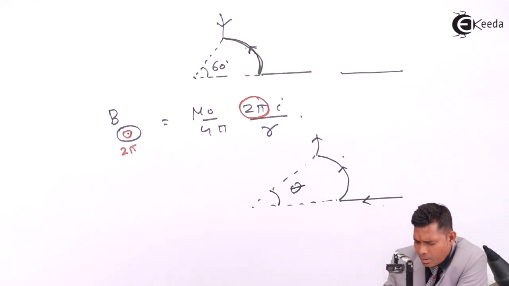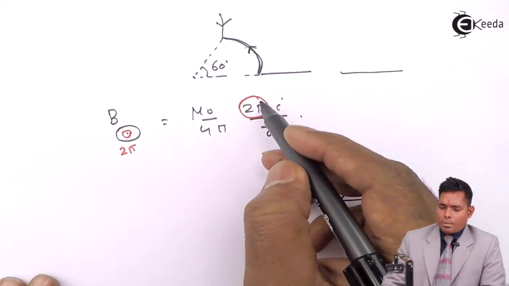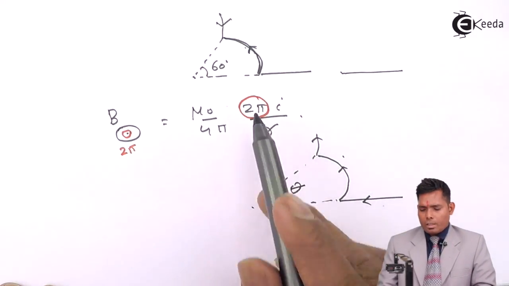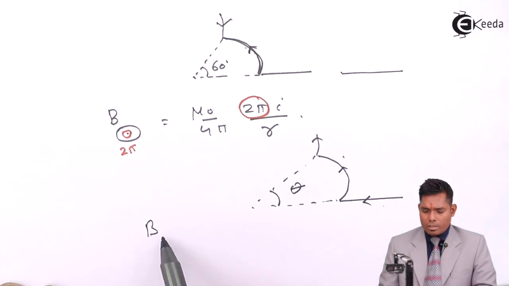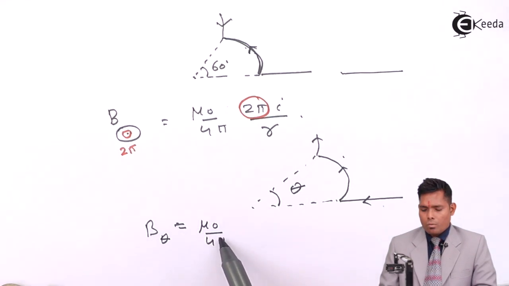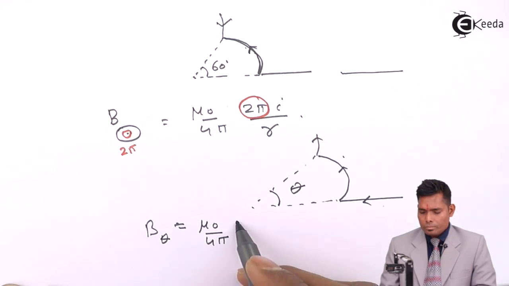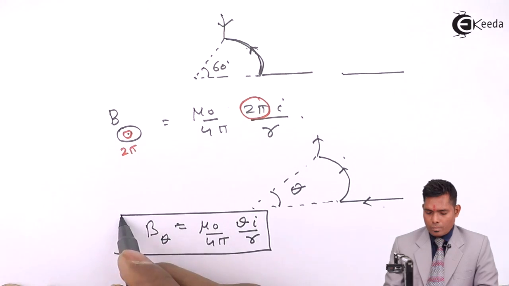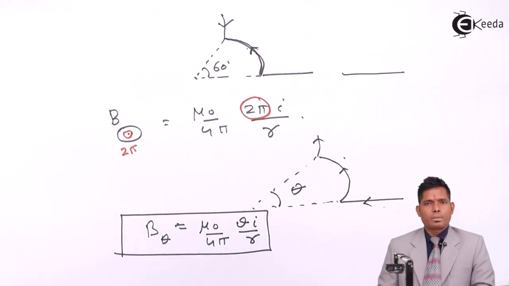For any angle theta, the theta comes here. If full circle is 2 pi, if it is theta, theta will come here. The general expression for any theta is mu 0 upon 4 pi theta I by r. This is the general expression.